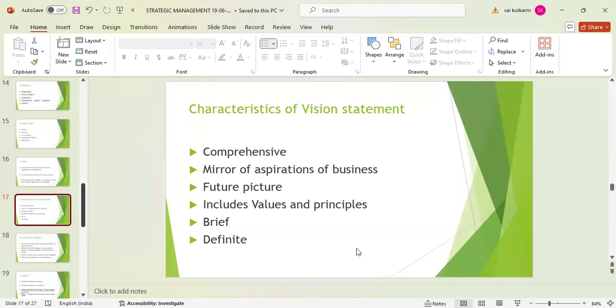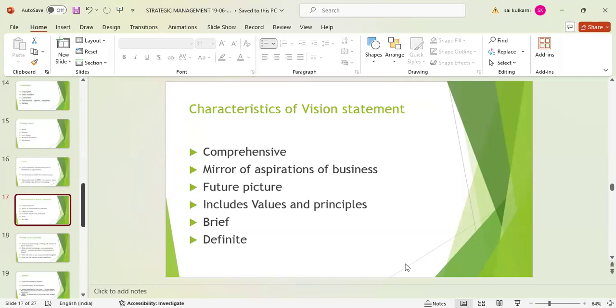Then the next characteristic is future picture. With the help of the organization, the vision statement can show you the future dream, the future picture that they want to create.